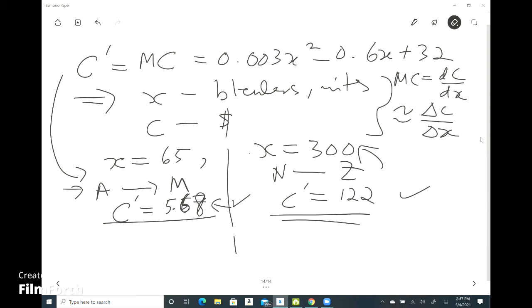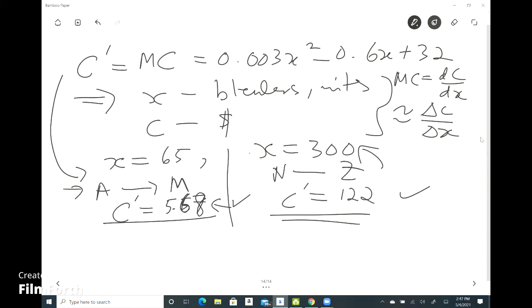So when we produce kitchen blenders 1 more unit, the revenue will increase by $122 at X equal to 300.